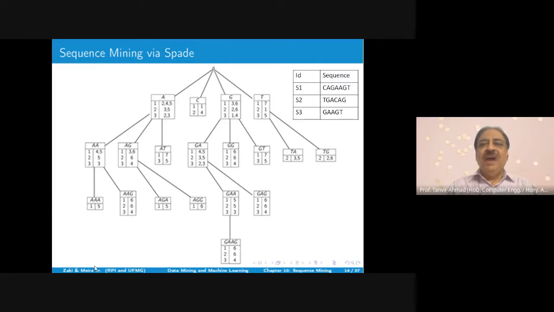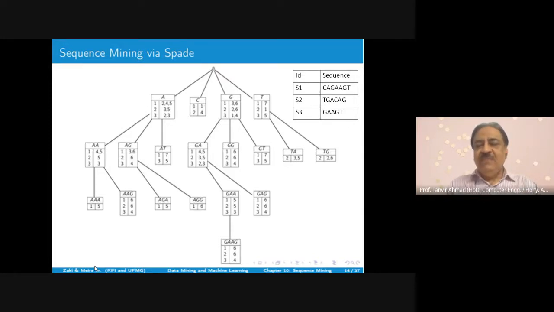Now, I am going to develop the extensions from A. The extensions of A will be AA, AG, and AT. Now, let us try to find AA. For AA, you find that A occurs at positions 2, 4, 5. It means that the first symbol is at position 2, the second is at position 4, and the third is at position 5.